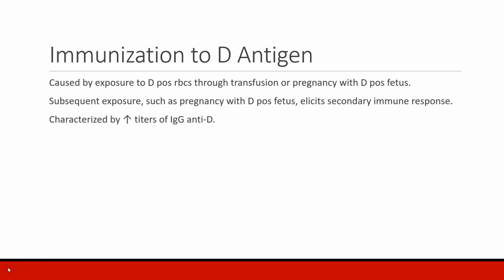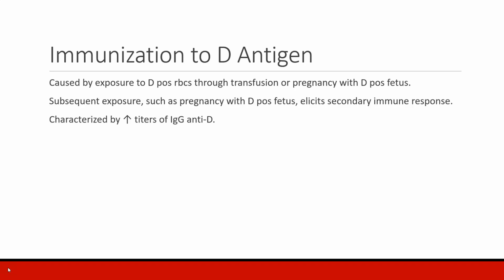Immunization to the D antigen is caused by exposure to D positive red cells either through transfusion or pregnancy with a D positive fetus. Or, like I said before, you can have these bizarre situations, with little girls becoming blood brothers with each other. And yeah, she got pregnant and had immune anti-D identified, and that was due to this previous exposure.